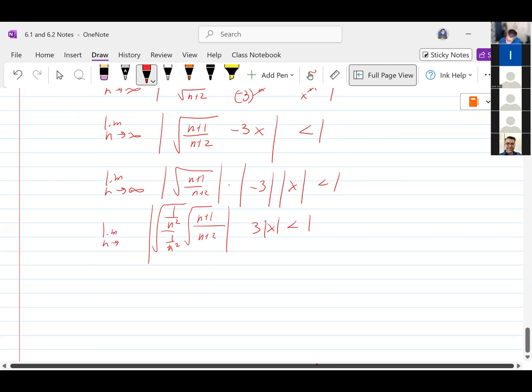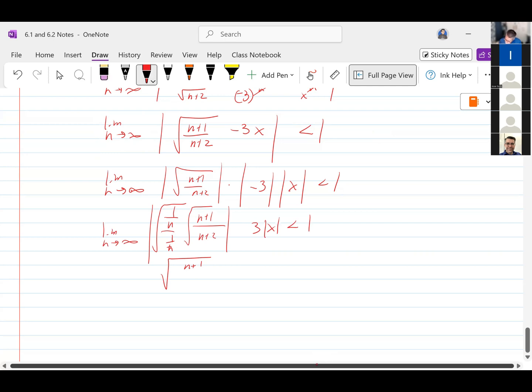The limit as n goes to infinity. I'm going to multiply these two square roots together. Since they're both being square rooted, I can just put them all under one square root. So this becomes the square root of n plus 1. Is that what I want? No, it's not. Get rid of the squares. I just want the n's. My bad.